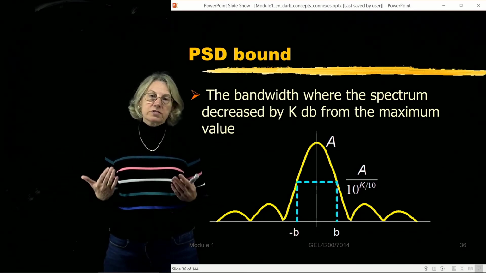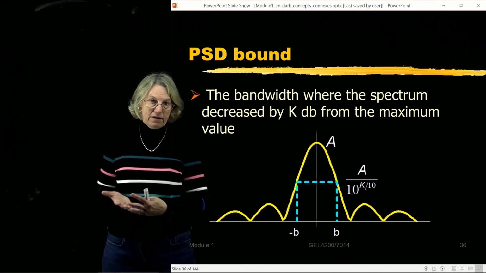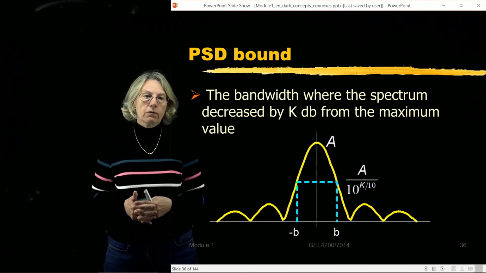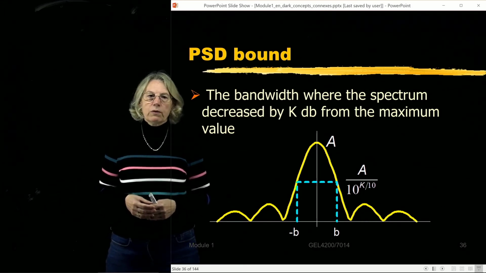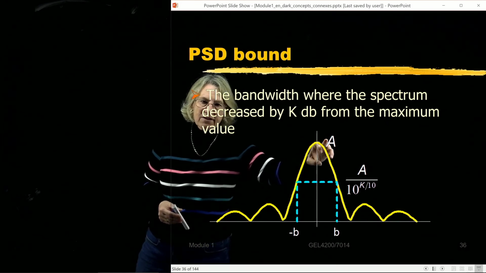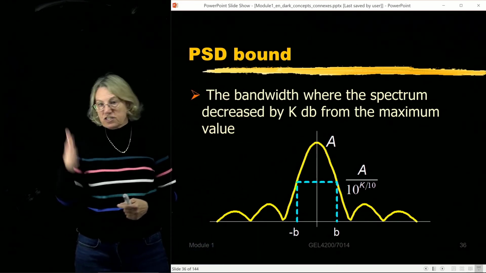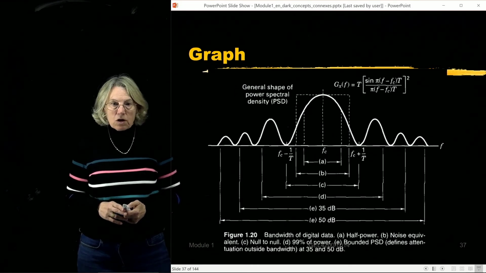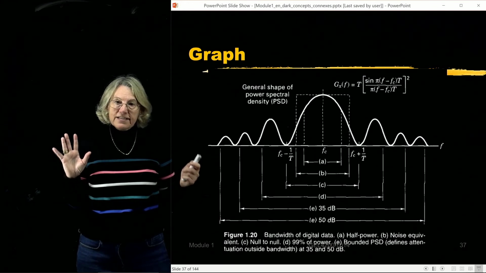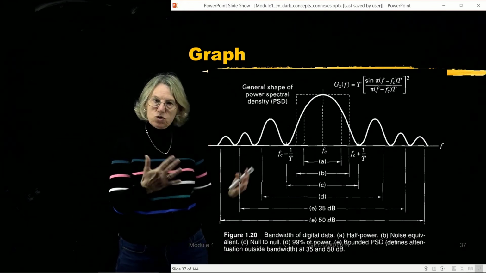It might be more interesting to me to know what happens at 6 dB down than it does at 3 dB down, depending on the system I happen to be working with. And so we can just let K be any number of dB, and we will just look at when I start from the maximum amplitude until I get down to a value which is that many dB down from the maximum value.